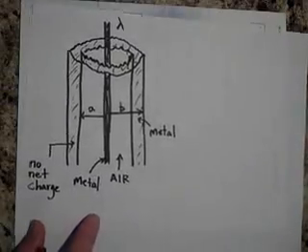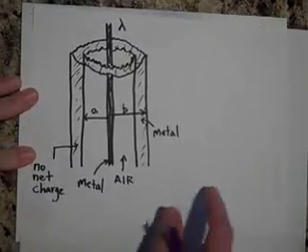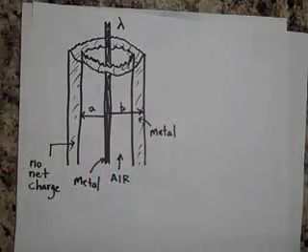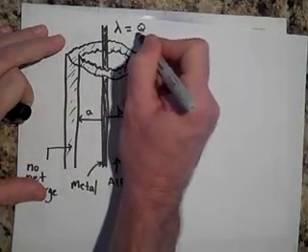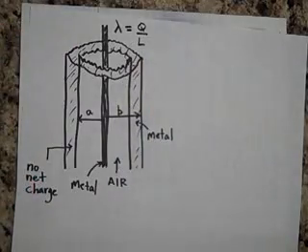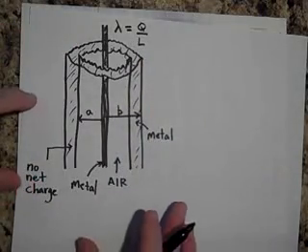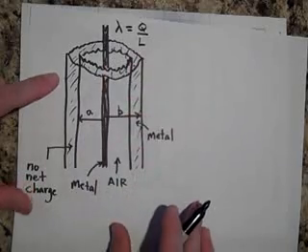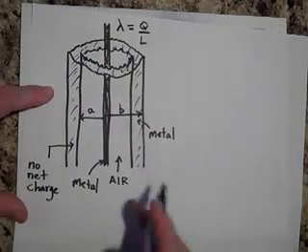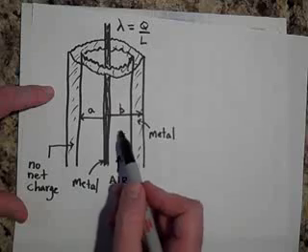All right, so here's a coaxial cable, and we're going to say that this has a linear charge density of lambda. Lambda is the charge per length. And so here's the wire going this way, and it's got a linear charge density of lambda. And then there's some air here. This is air right here.